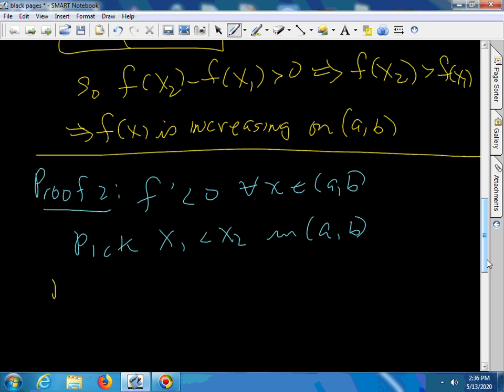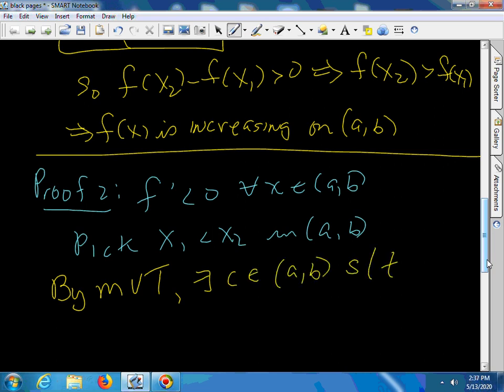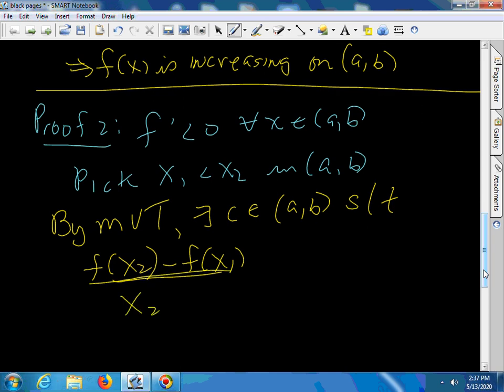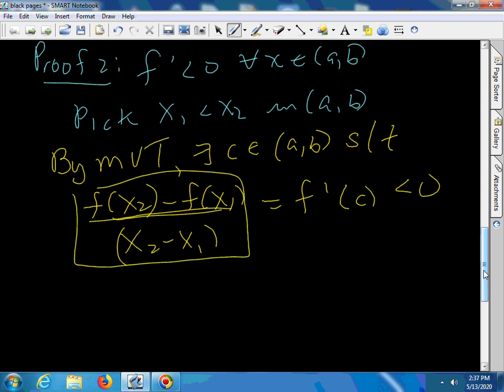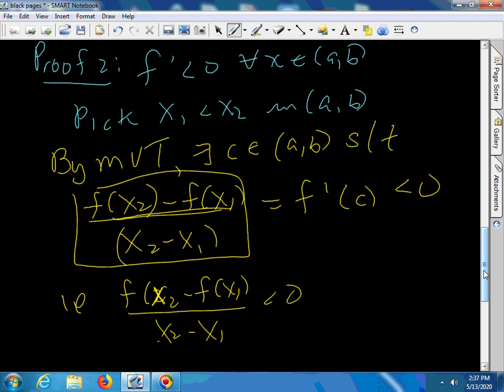Now, we know by the mean value theorem, there exists a c in AB such that f of x2 minus f of x1 divided by x2 minus x1 is equal to f prime of c, which is negative. So this is less than 0.